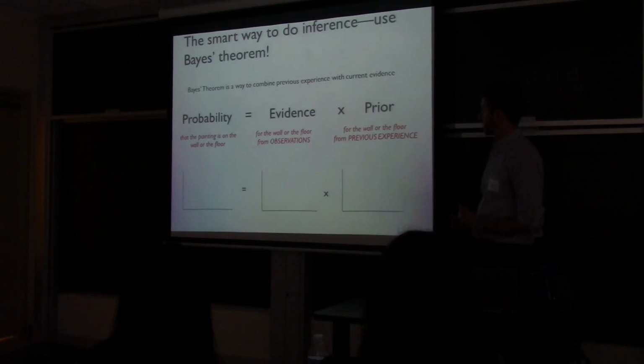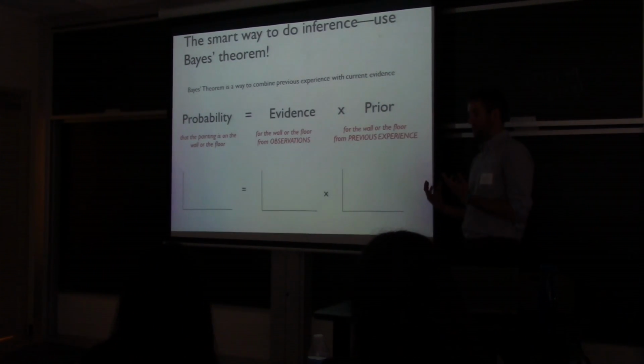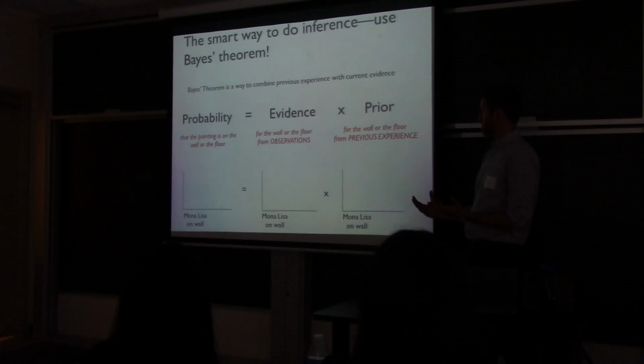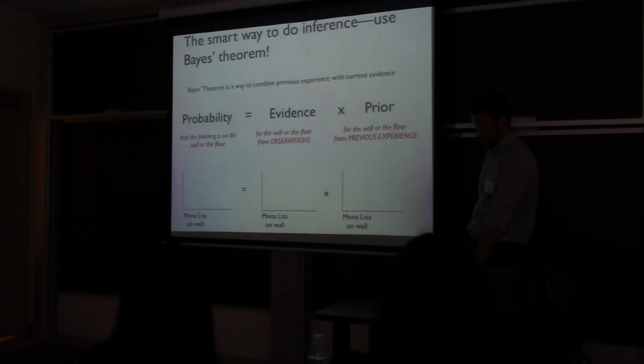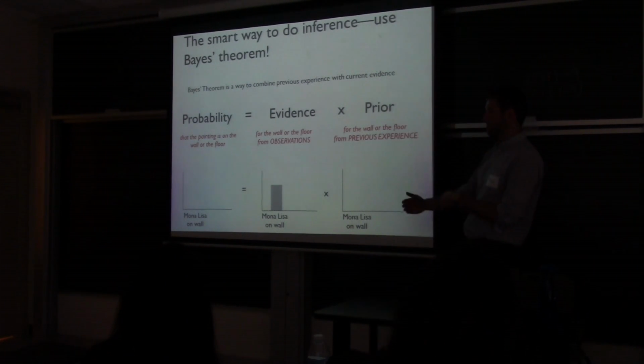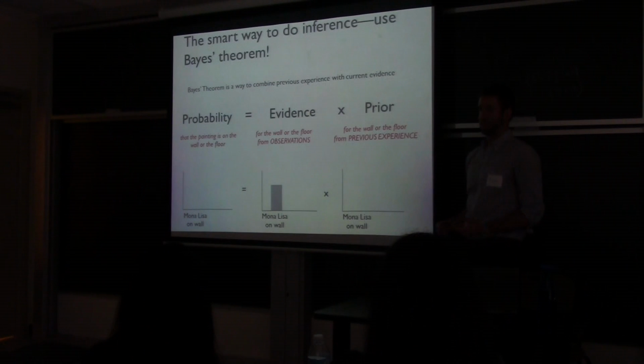So we can look at the case of the man in the painting. First, one possibility is that the painting of Mona Lisa is on the wall and the man is standing. So let's think of what our evidence would be. Well, it looks upright, and walls usually stand upright, floors usually are down on the floor. So we have pretty high evidence that Mona Lisa is on the wall.